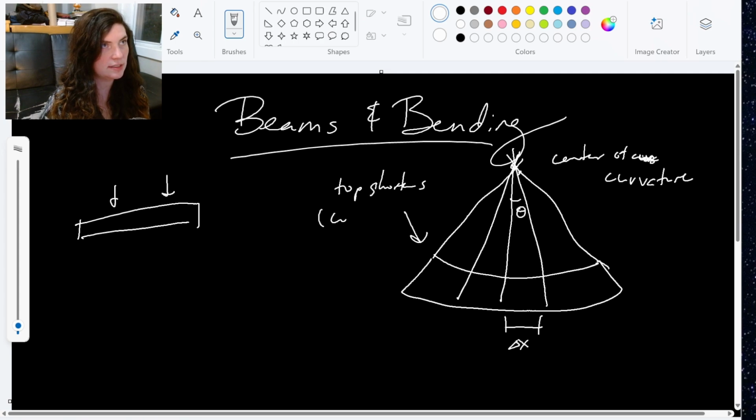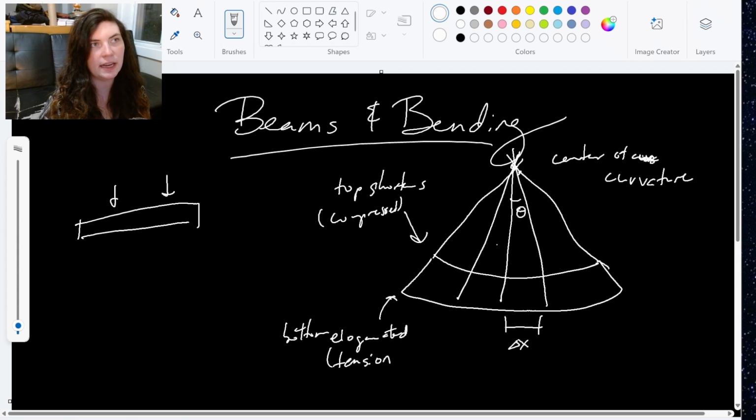Top shortens. It gets compressed. Whereas the bottom here is actually lengthening, so this is getting elongated. The bottom gets elongated and is held in tension.